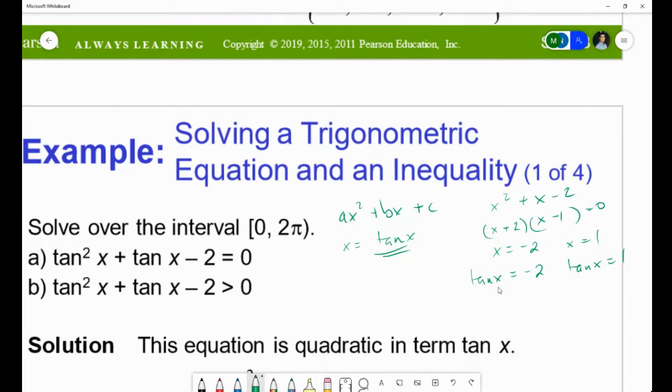So what is x equal to? That equals negative 2. When is tan x equal to negative 2? What quadrant is that going to be in? Nobody? It's going to be in quadrant 2 or 4. Quadrant 2 and quadrant 4, right? So now we can get two solutions from here. So for what value of x will give me -2?